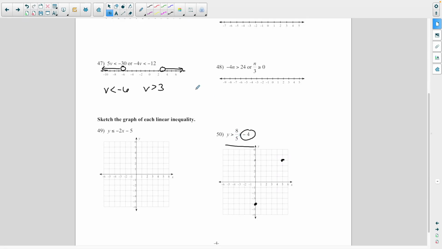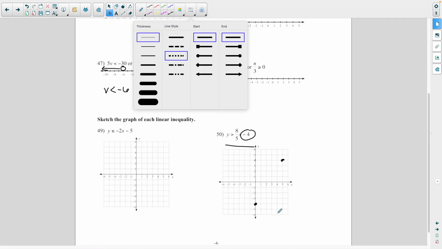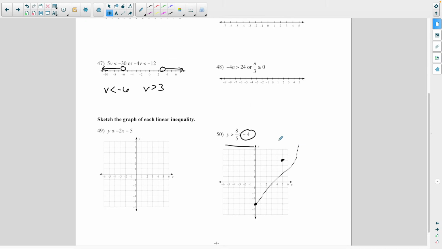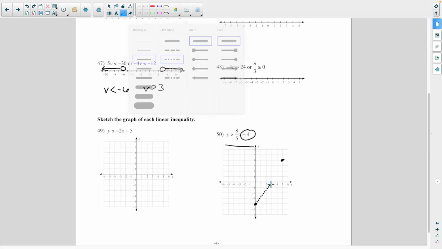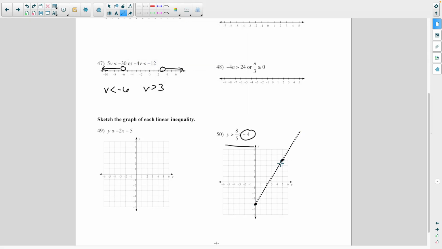Now, this is not equals, so we do a dotted line. And then because it is greater than, it is everything that is up here.